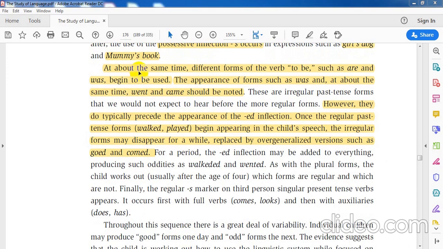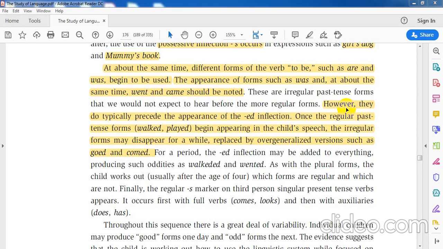Again, at about the same time, we might notice that children are able to use different forms of the verb to be, like are and was here, which appear at about the same time as some irregular verb conjugations. Now, let's move on: the appearance of forms such as was at about the same time as went and came. Okay, this should be noted.